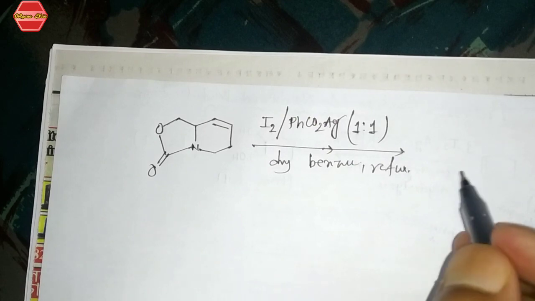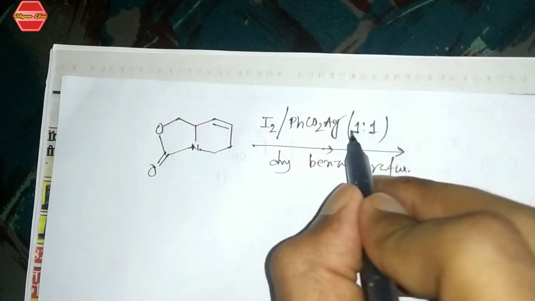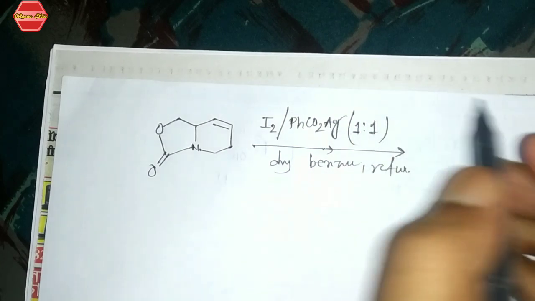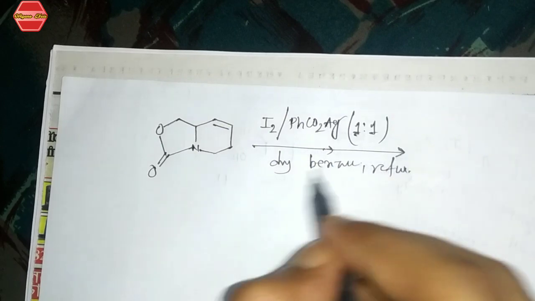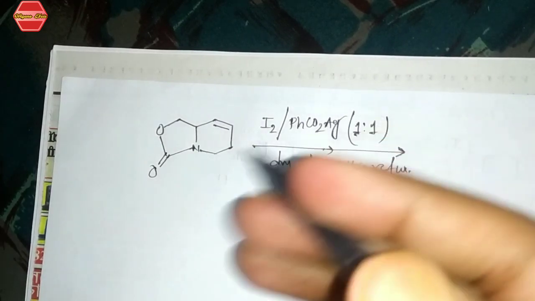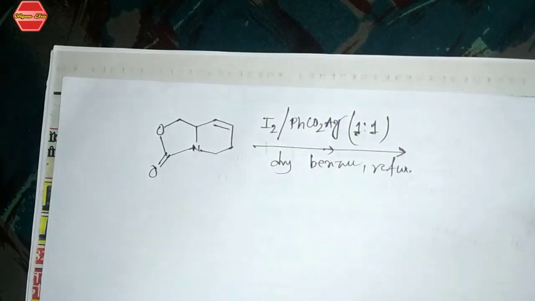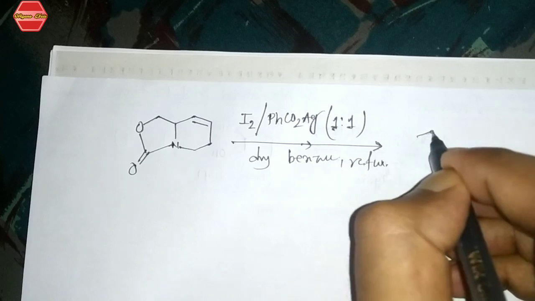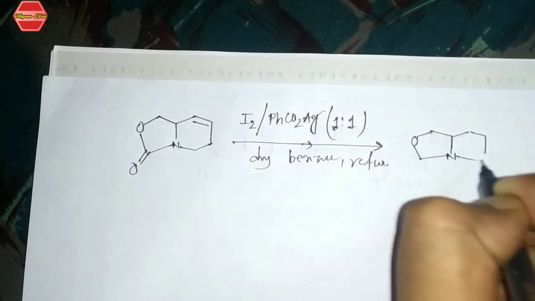Actually, the first thing is that this is 1:1, but there is no use of water. So if we don't use water, there is no chance of formation of the Woodward product, that is our cis product. So generally we get the trans one.